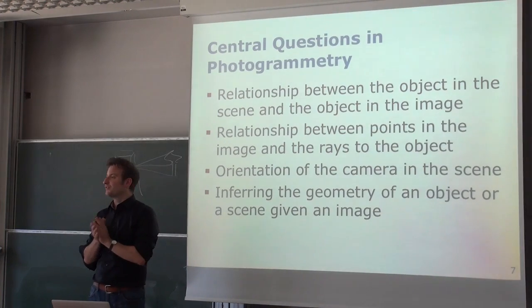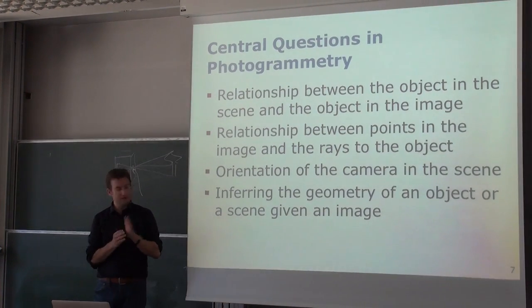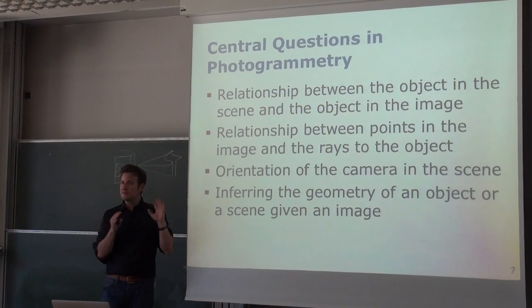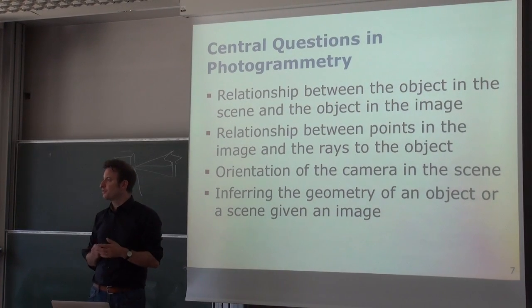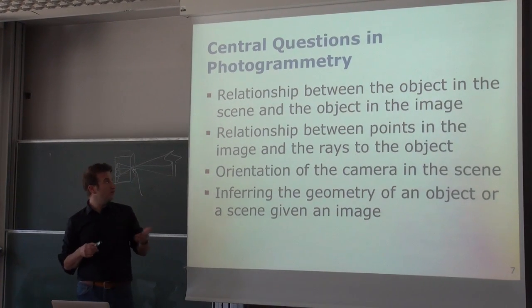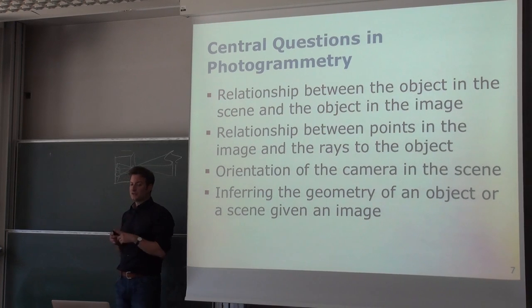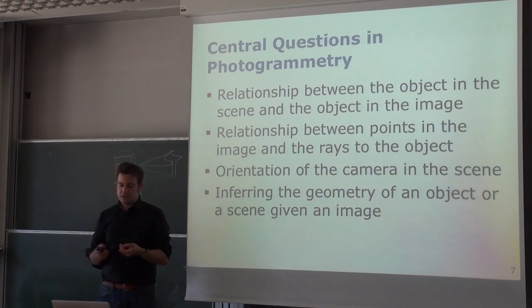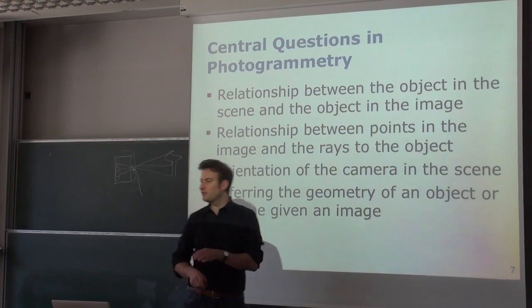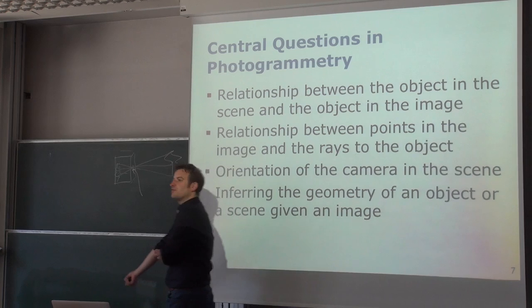So the central questions that we are typically addressing, and this is all the motivation for why we introduce homogeneous coordinates today and use them later on, are about deriving a geometric relationship between the objects that we see in the scene and the objects we have in our image.